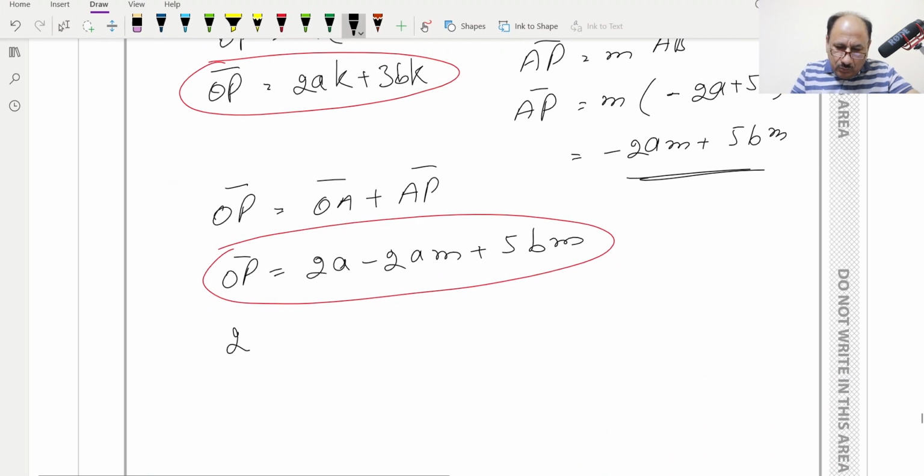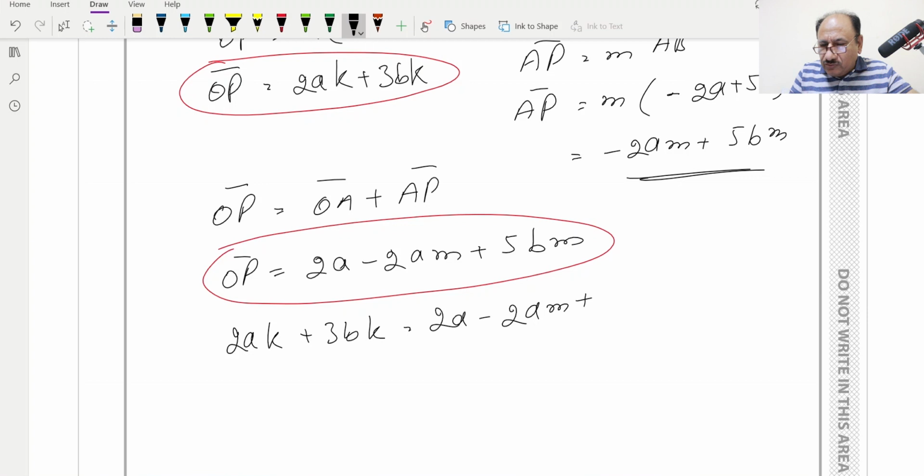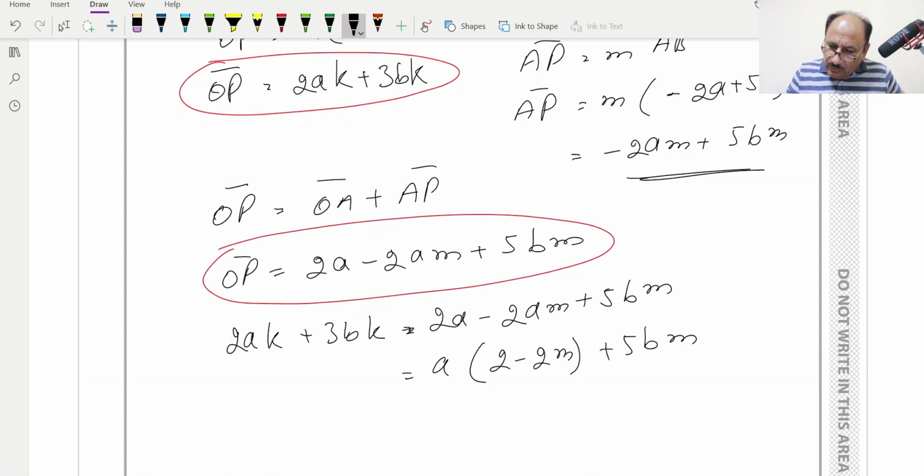So 2AK plus 3BK is equal to 2A minus 2AM plus 5BM, and now we can take A common from these two, and this will be 2 minus 2M, and this will be plus 5BM. Basically we are taking the coefficients of a and b.